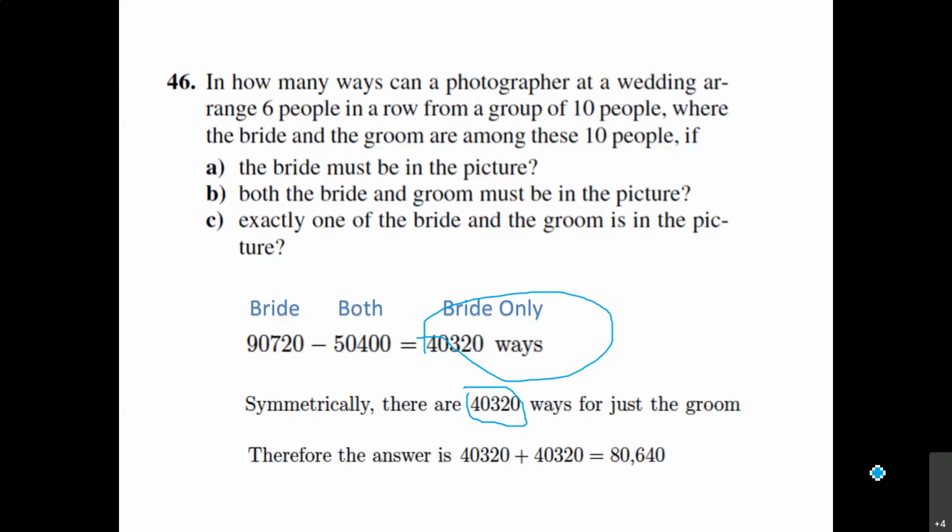But what if you wanted both of them together and you don't care? Kind of similar to the 3-7 thing. Just get the pictures of her, then the pictures of him, then subtract where that happens twice. So that's a nice little thing for you to do on your own.